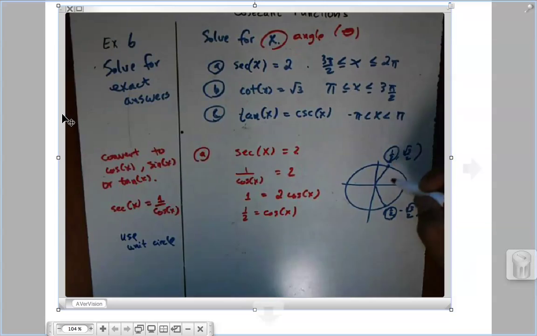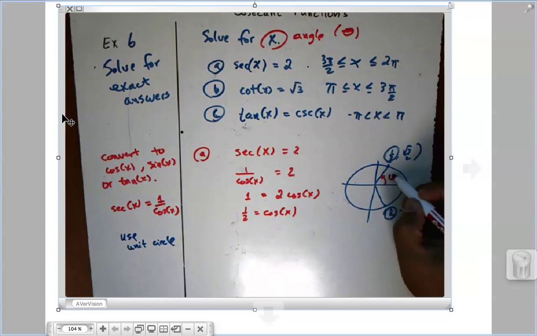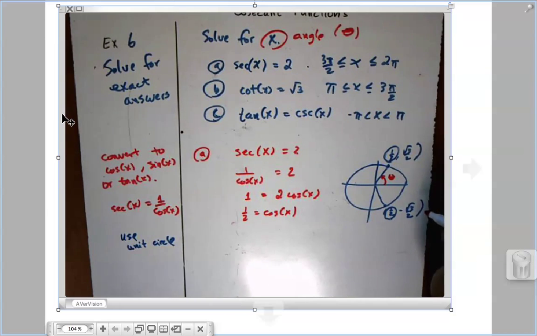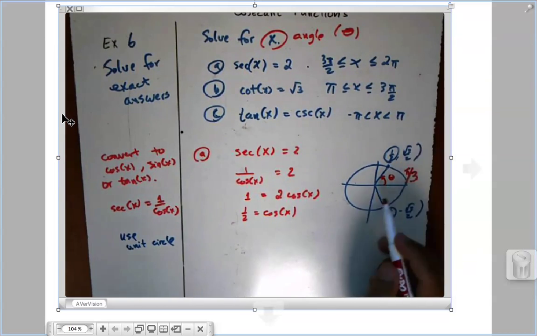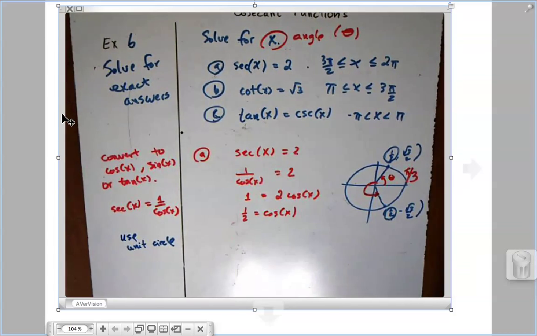So how much did we rotate to get here? Well, if you know your unit circle, you should know that this right here is 60 degrees or pi over 3 radian. And you also should know that this angle down here is 270 plus 30 more, so that's 300 degrees.